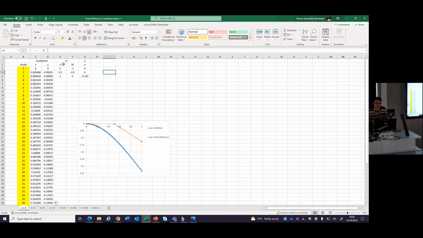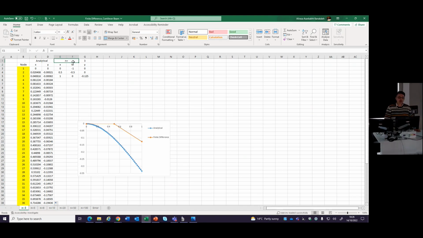For the finite difference, we have x, so this is different. Here n is 3, okay? X has only 3 points, n equal to 1, 2, 3. The first one is 0, the next one is the previous one plus, this is n, minus 1.